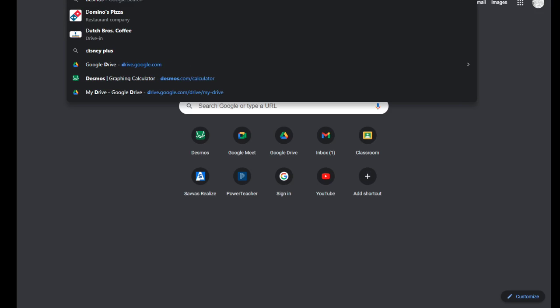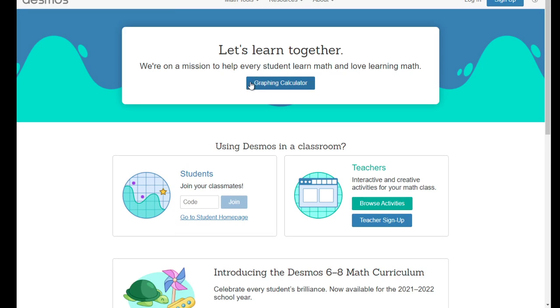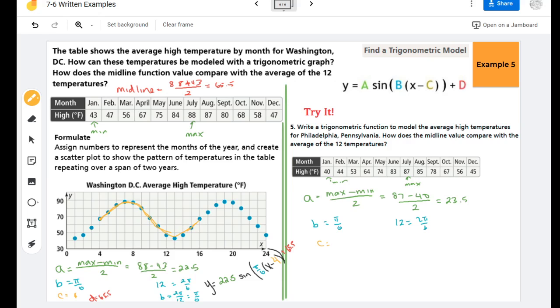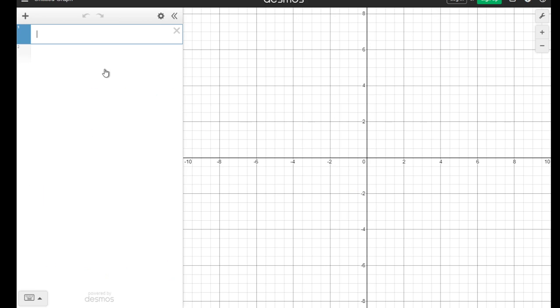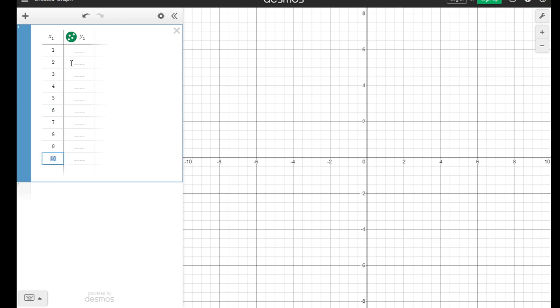You know what we have? We have our friend Desmos. So let me snipping tool a picture of the table, and we'll just fill that in. What I'm doing is inserting a table with 12 months.